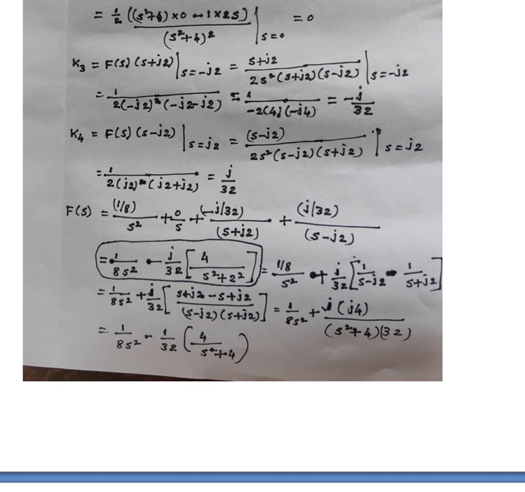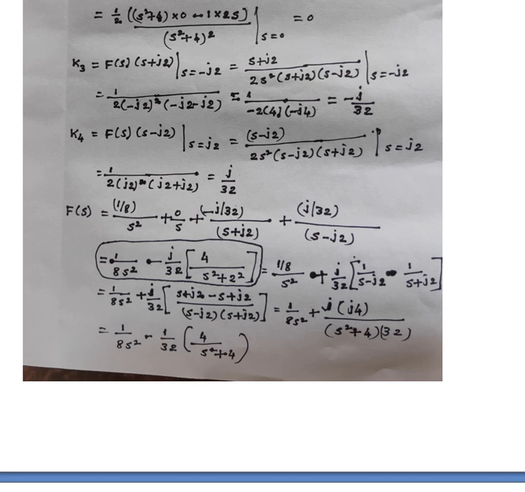So further we take out j by 32 and we do this simplification, that is 1 by 8 s square plus j by 32. When you bring this here, it will become s plus j2. When you transfer this here, you will get minus s plus j2. Then in the denominator, we have s minus j2 into s plus j2.